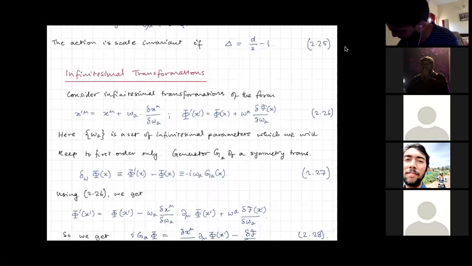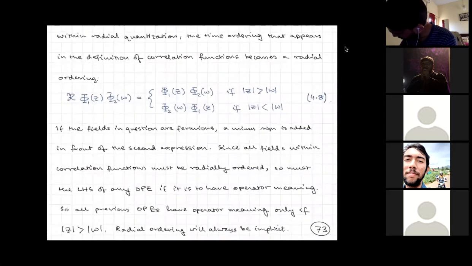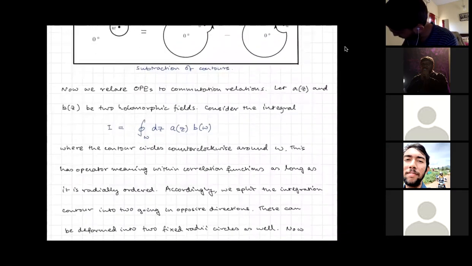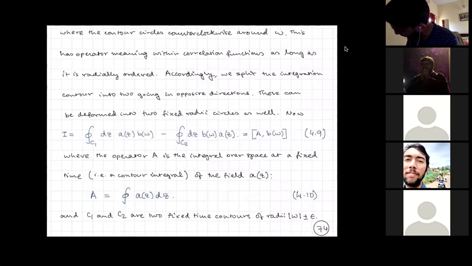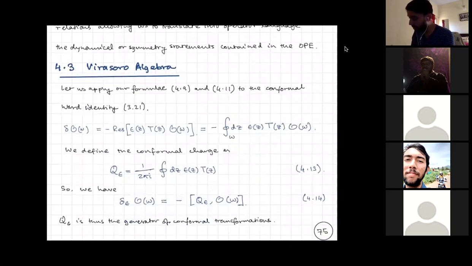I urge you to go back and look at this a bit more, and you would see that you would be able to define this as a symmetry generator. So this is radial order. So the Ward identity actually boils down to just this. Okay, very good.